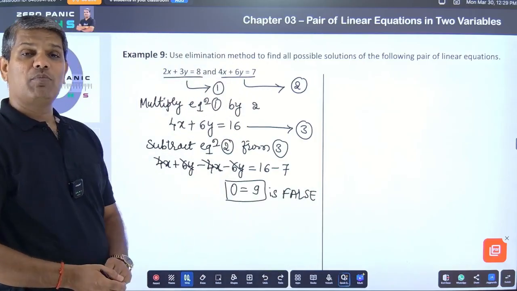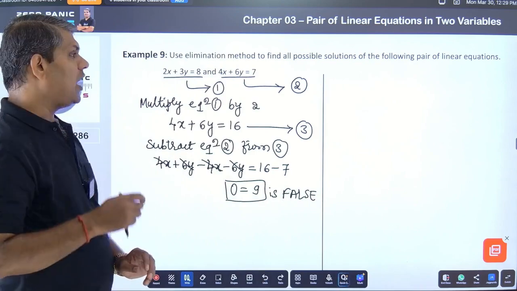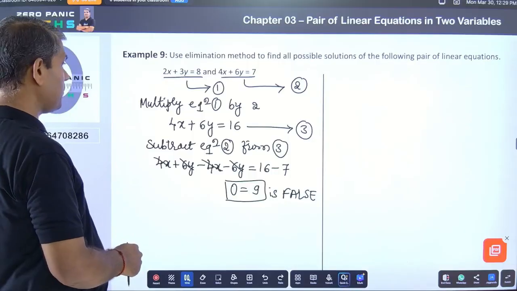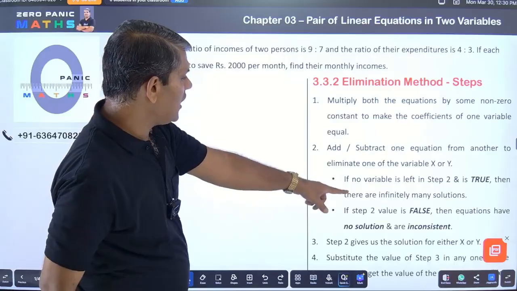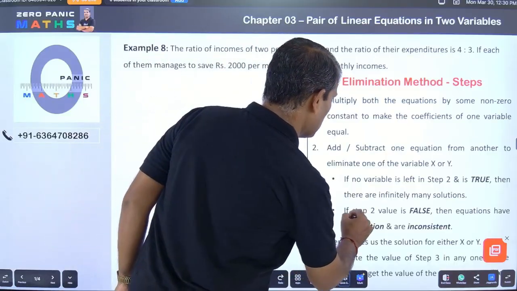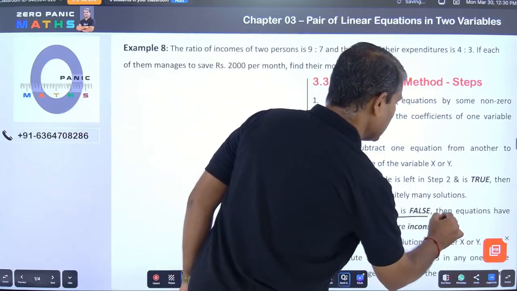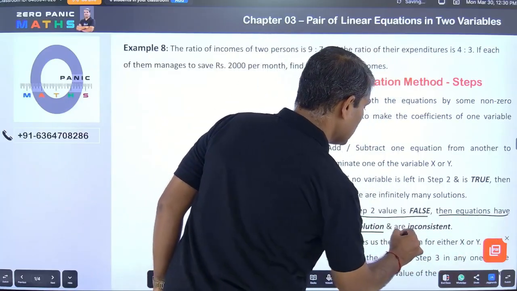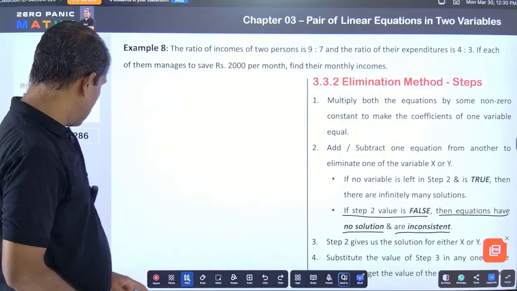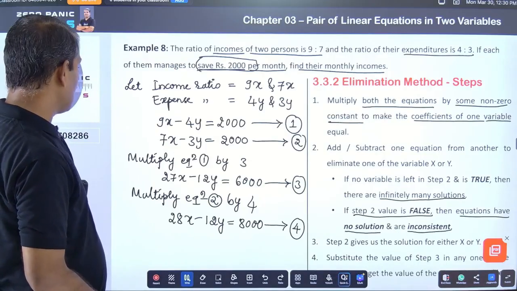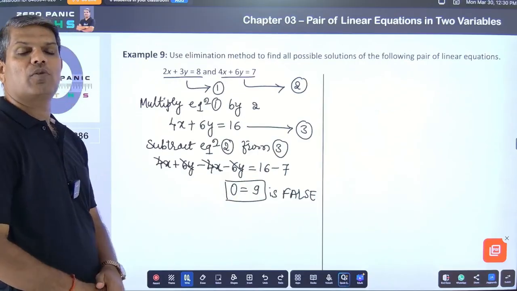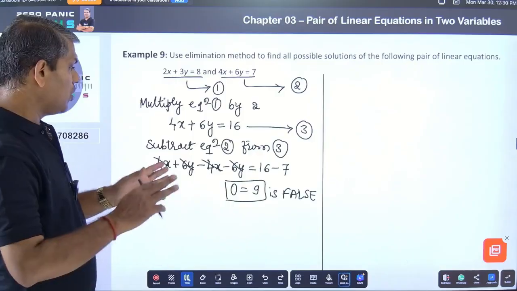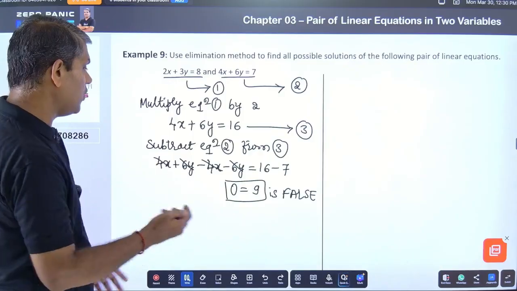If you remember the second step of the elimination method, let us go to that page. You see here, from the elimination method, what they are saying is, if the step 2 value is false, then the equations have no solution and are inconsistent. That is the result we got here. 0 is equal to 9. From step 2, we got the whole equation's value as false.